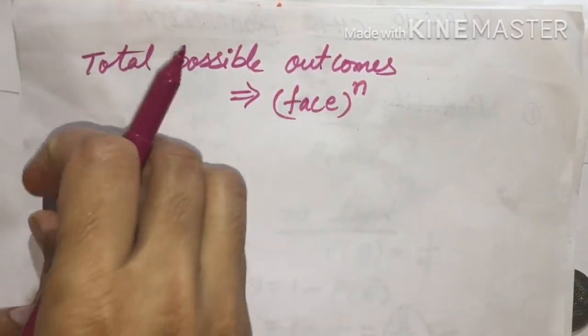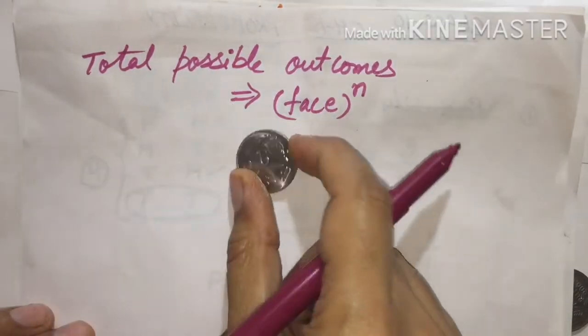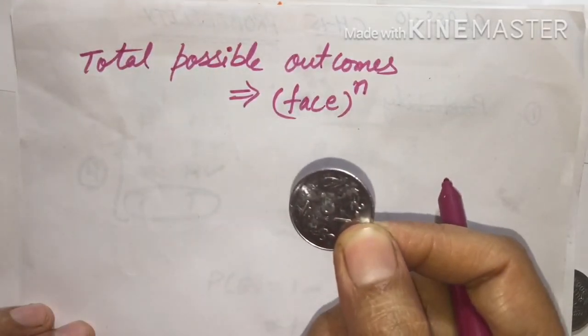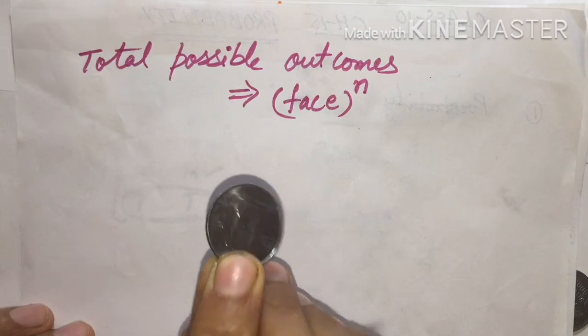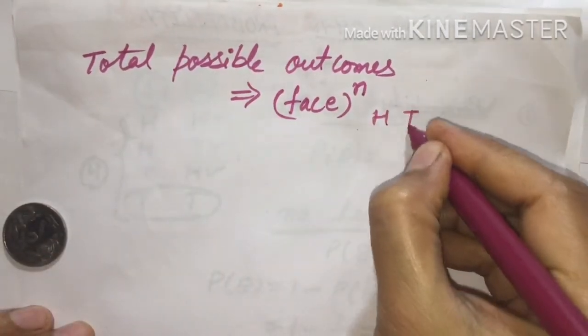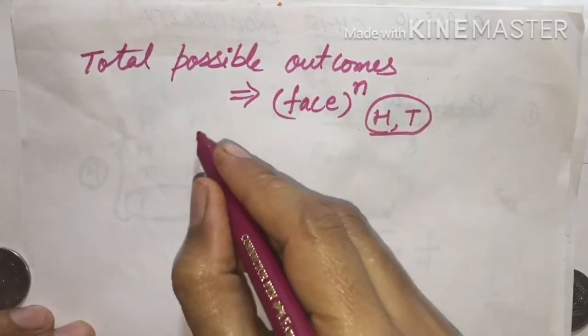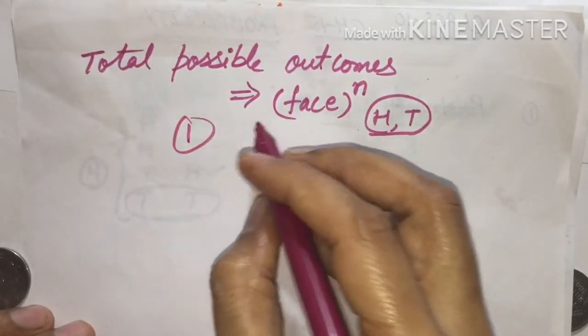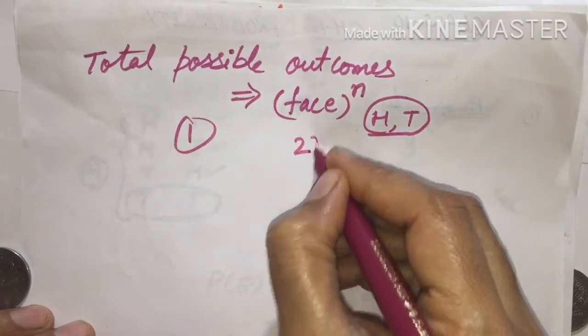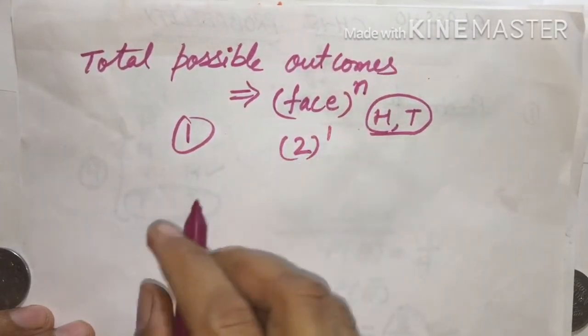Faces means, if I am taking one coin, how many faces are there? Either the tail will come or the head will come. So either head or tail, these two things can come only.